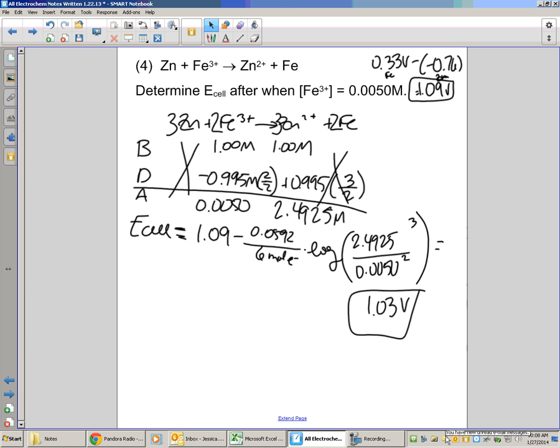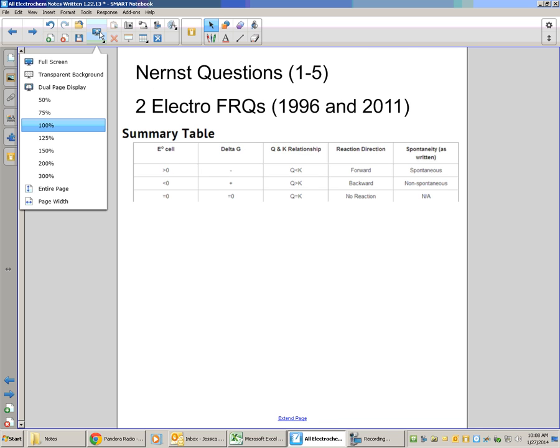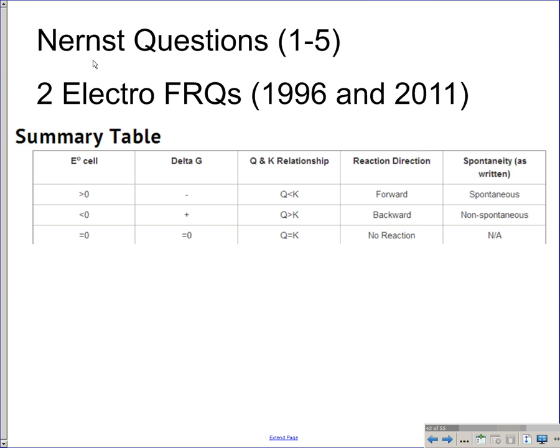Okay, you have 22 minutes to do those 5 Nernst equation ones, and you have 2 more FRQs today, as I told you earlier. I recommend drawing any cells you can, because it will really help you figure out what's happening. On the AP exam, even if they don't ask you to draw, I recommend you draw your galvanic cell or electrolytic cell, because it will vastly diminish your confusion.